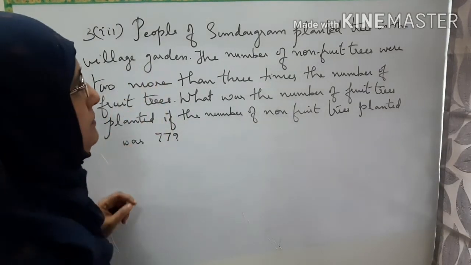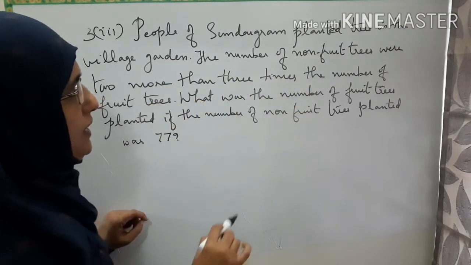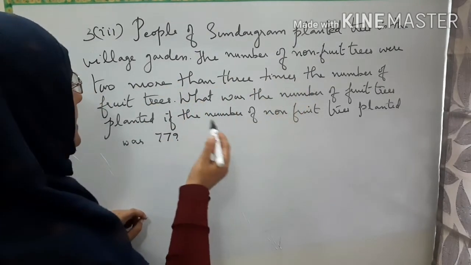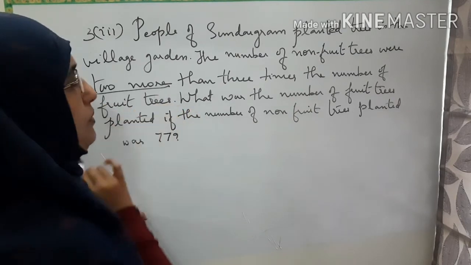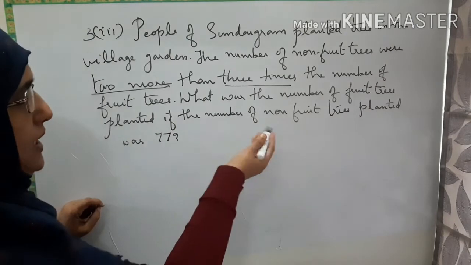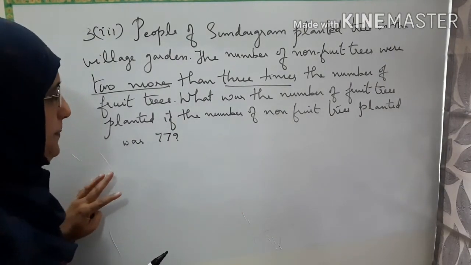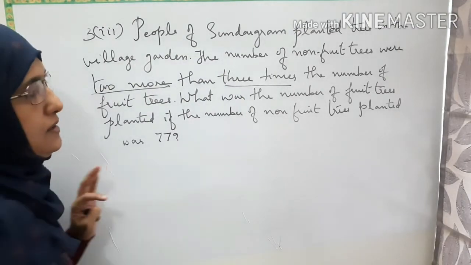Next question. People of Sundargram planted trees in a village garden. The number of non-fruit trees was 2 more than 3 times the number of fruit trees. What was the number of fruit trees planted if the number of non-fruit trees planted was 77? So here, what do you have to find?